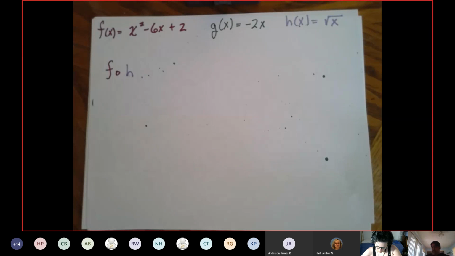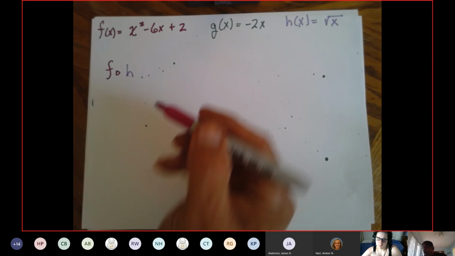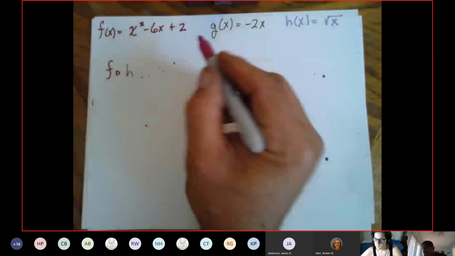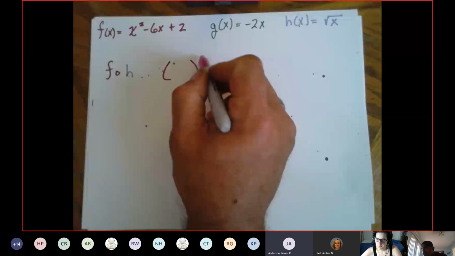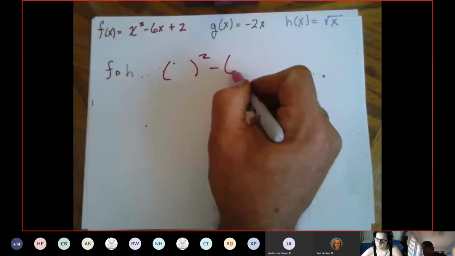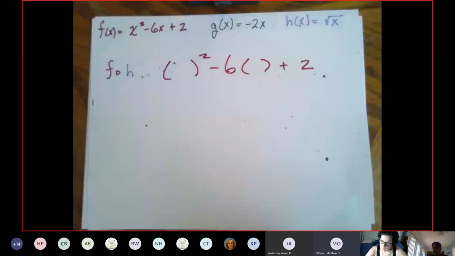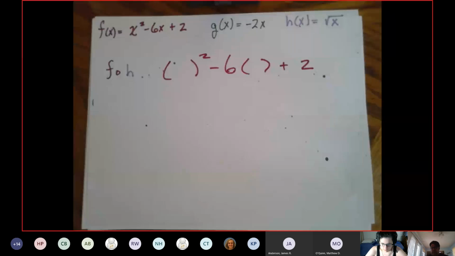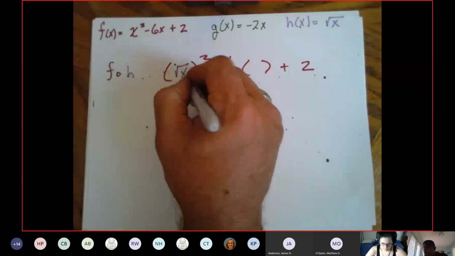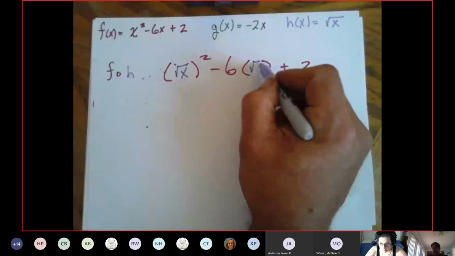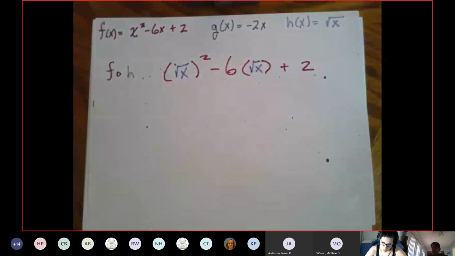Okay. So I'm going to draw my trinomial with a big set of what? Parentheses. Big set of parentheses. And I'm going to plug in square root of x, square root of x, and simplify.